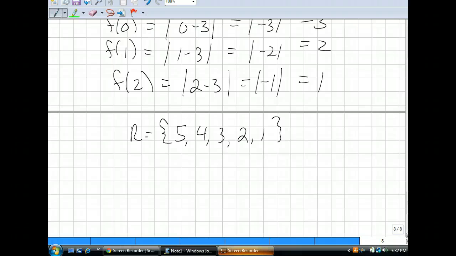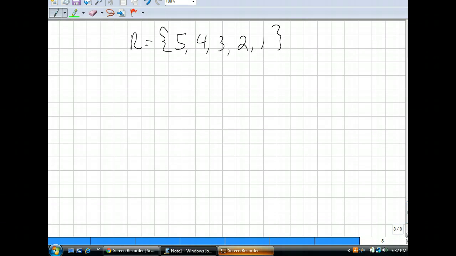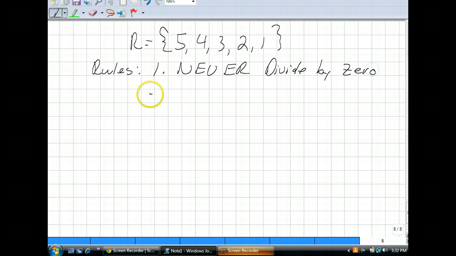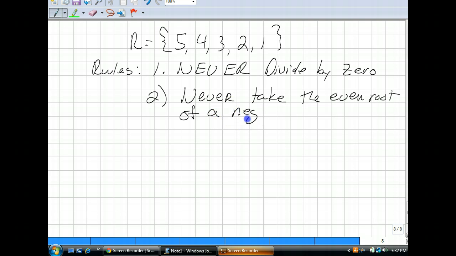That's the range of that function given that domain. Now, we have to be very careful with domains sometimes, because remember, in the real number system, there's 2 rules we can never break. Number 1 is never divide by 0. And number 2, never take the even root of a negative number.